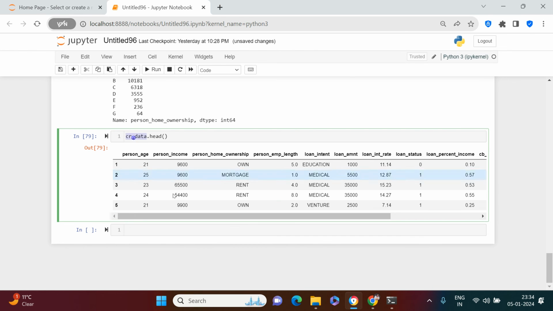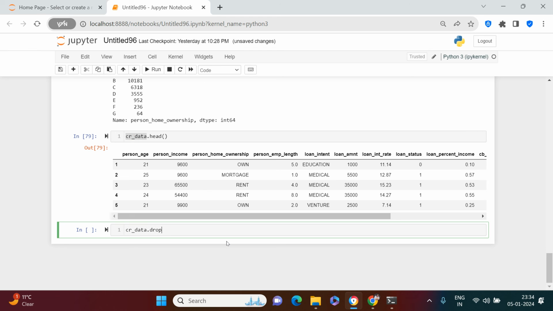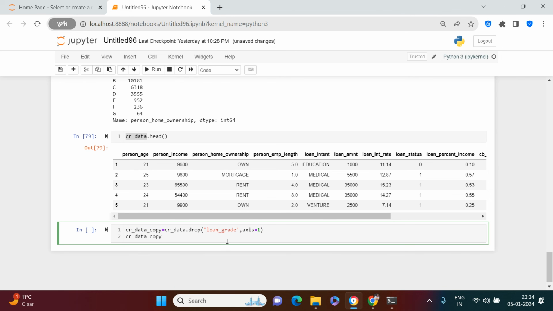When I'm removing it, I should say drop, and inside that I would say loan grade and axis equals to 1, and let me call it dropped. Okay, let me first create a copy of it. Oh god, I'm taking a lot of time. Copy equals to this dot drop, and inside that I would say loan grade, axis equals to 1, and let's see.